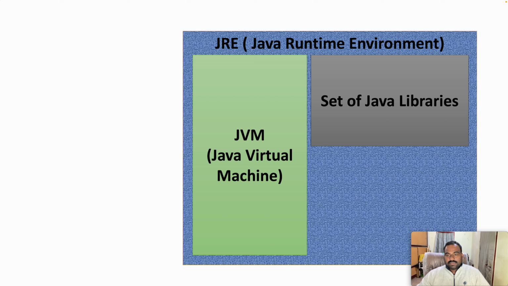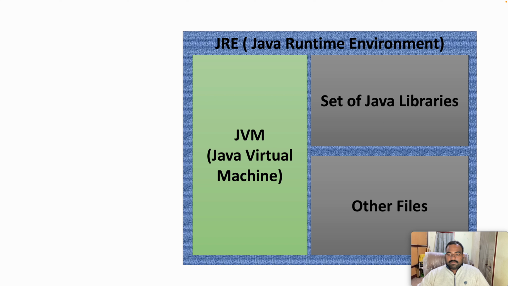There are some basic Java libraries, predefined code whose functionality we can reuse, that come along with it. Those libraries are in the JRE, and along with them there are also other files related to the Java libraries. All this package is considered the JRE.